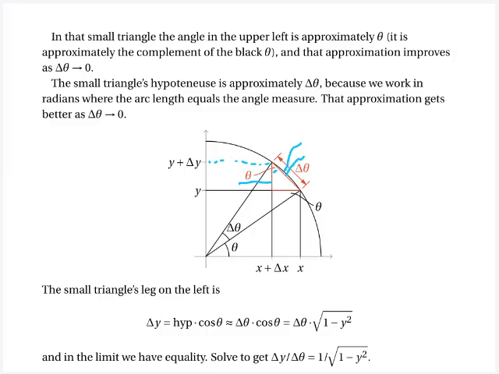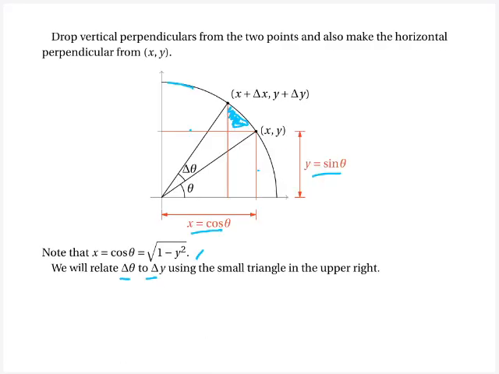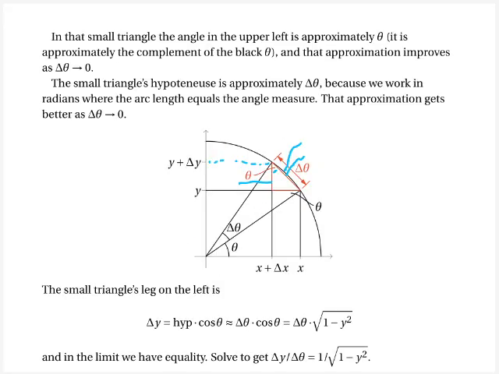Do you remember from the prior slide, the square root of 1 minus y squared is cosine theta. So we're looking at delta theta times the square root of 1 minus y squared. And in the limit, when delta theta gets to 0, we have equality.